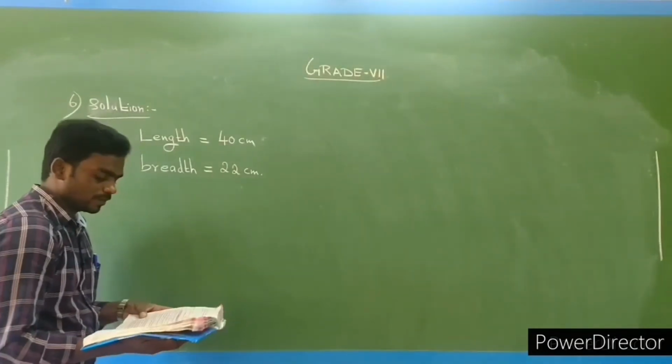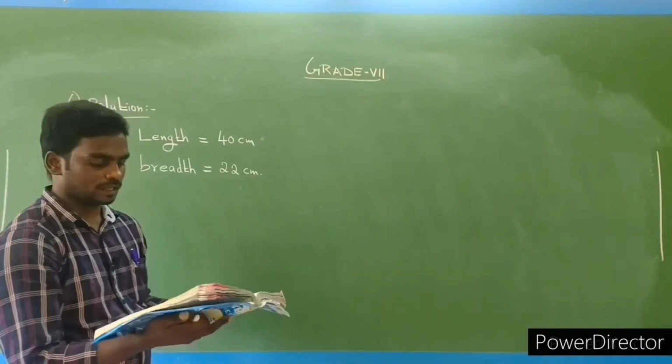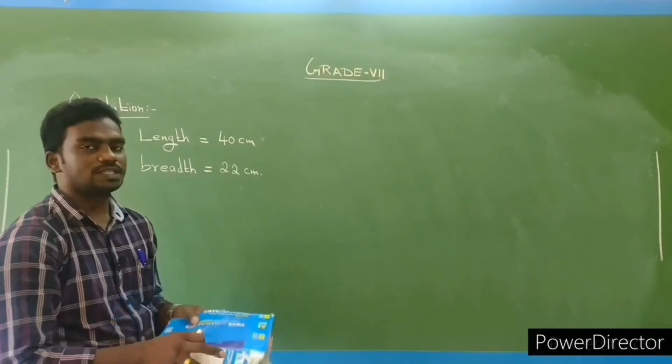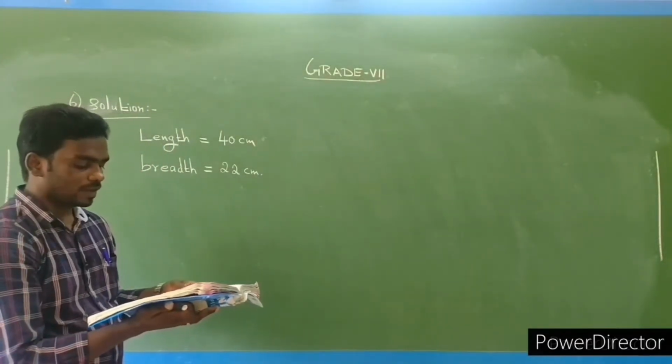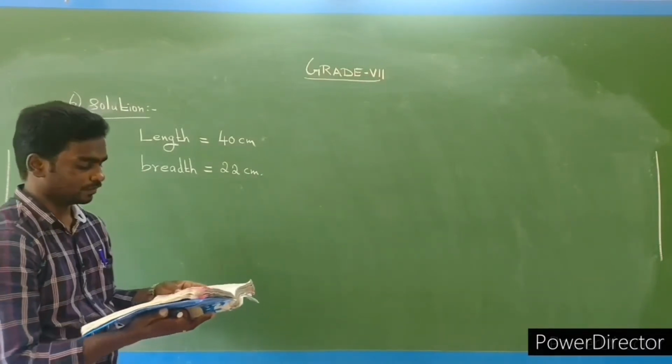So a wire is in the shape of a rectangle, its length is 40 centimeter and breadth is 22 centimeter, as given. If the same wire is rebent in the shape of a square, what will be the measure of each side? Also find which shape encloses more area.